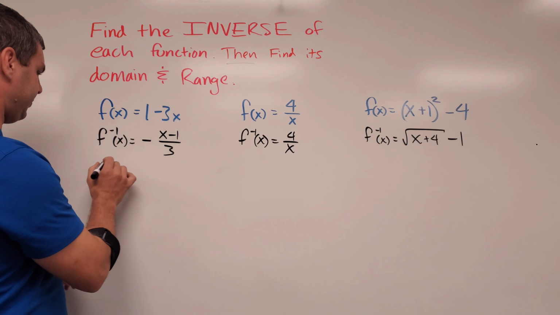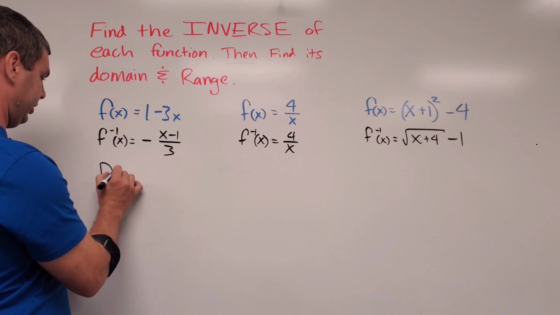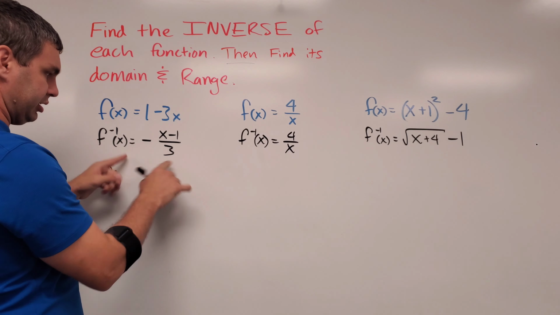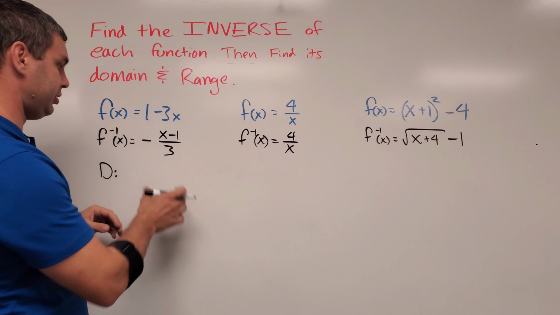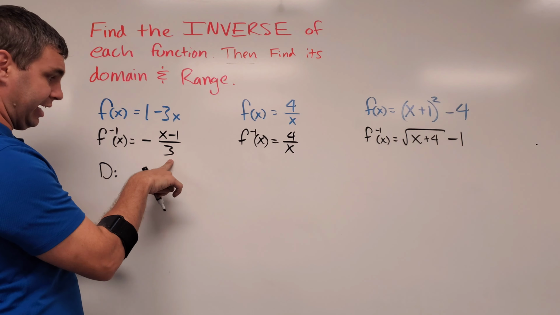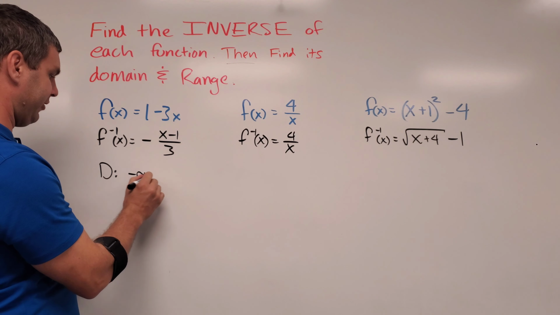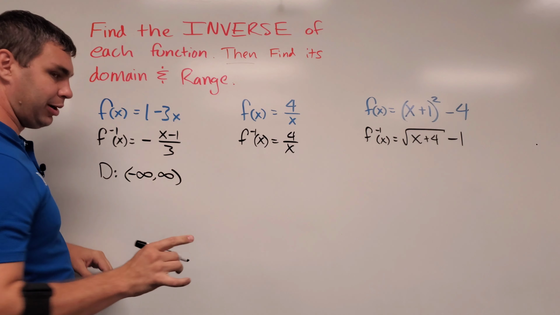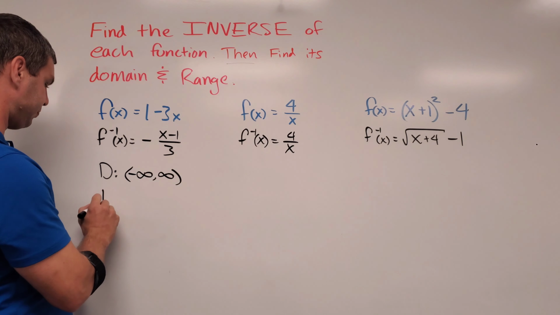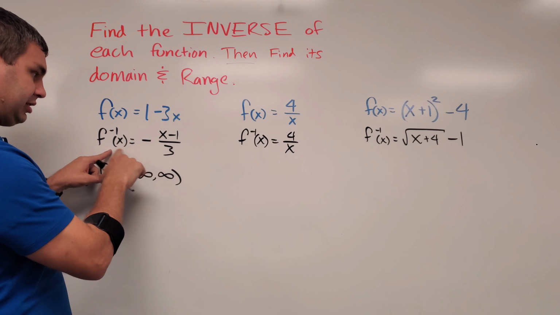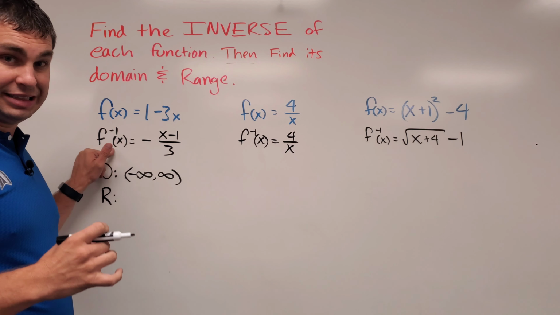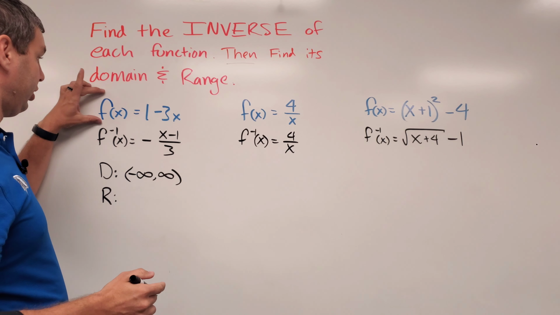If you think about it, the domain is going to be just like we found domain before. So here, there's a fraction, there's no x down there, there's no square root in this problem, so it's going to be from negative infinity to positive infinity. However, the interesting part is the range. The range of the inverse of this black function is actually going to be the domain of your original.